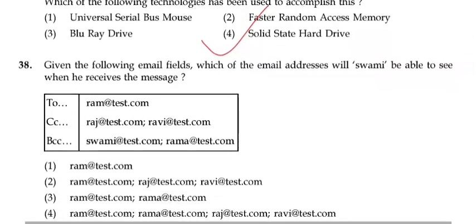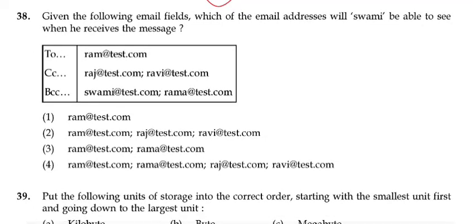38. Given the following email fields, which of the following addresses will Swami be able to see when he receives the message? To: ram@test.com; cc: raz@test.com; ravi@test.com; bcc: swami@test.com; rama@test.com. So what will be the correct answer?